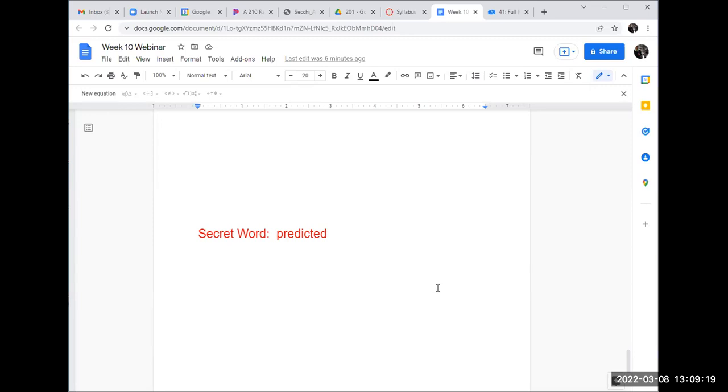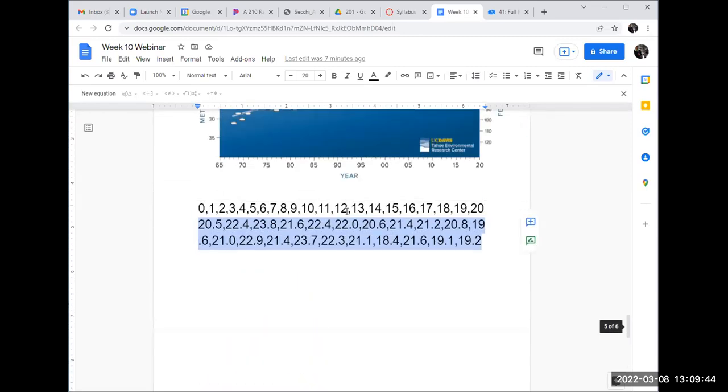If you have a low p-value, then you can use the regression line to make a prediction about what's going to happen in the future, or what's going to happen with that age person, given the value of X. So that's predicted. Predicted is the word for the week.